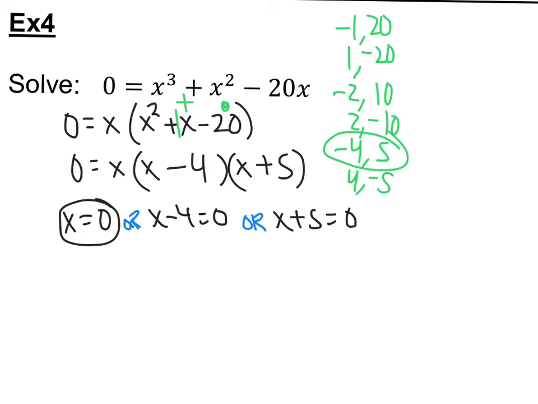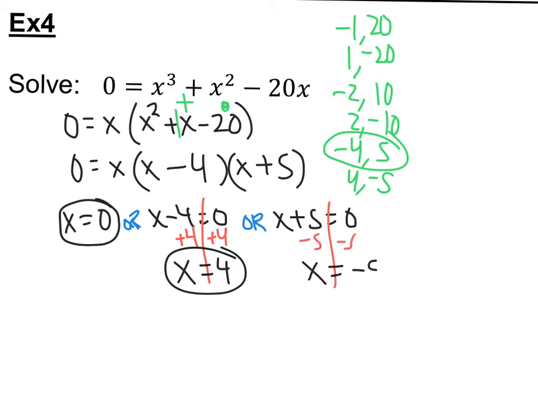For instance, on that problem in one of our first examples where we had 3 as a factor, that can't equal 0. So I am using railroad tracks here to solve. I had x equals 0 was one answer, x equals 4 is another answer, and x equals -5 will be another answer. So we have 3 answers here.